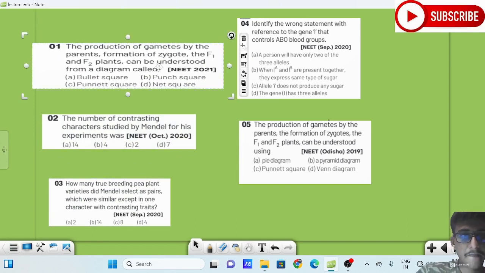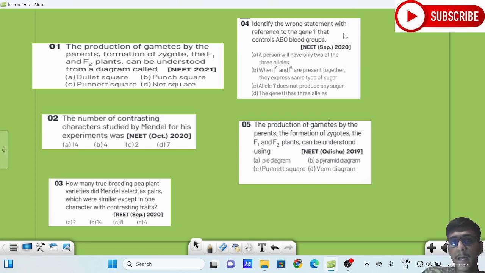Very easy. Now, please listen. Question number 1. The production of gametes by the parents and formation of a zygote, the F1, F2, which means filial 1, filial 2, can be understood easily from a diagram called the Punnett square. Reginald C. Punnett was a British geneticist who, from his experiments, made a Punnett square, from which we can easily find the production of gametes by a particular parent and the other parent.